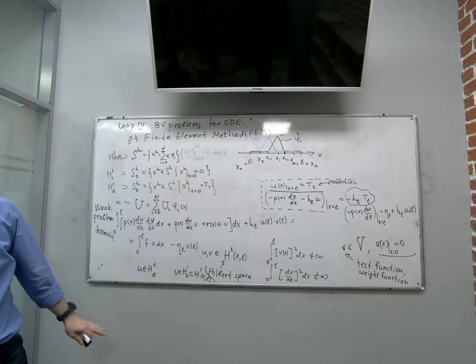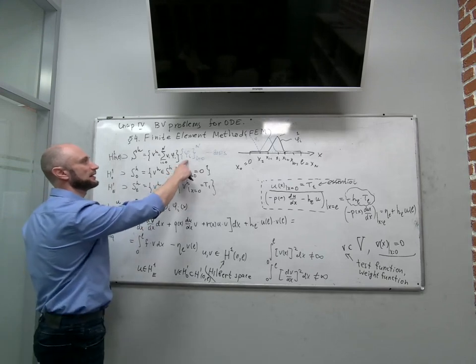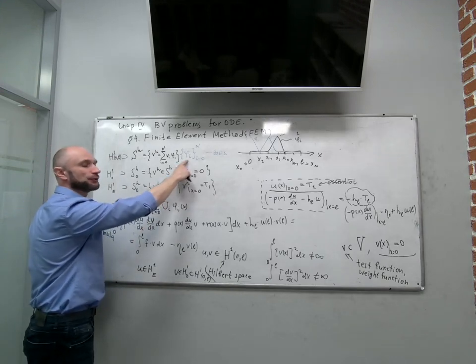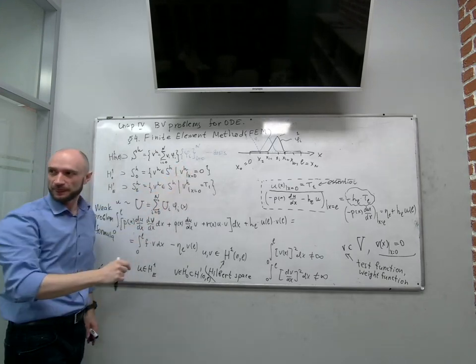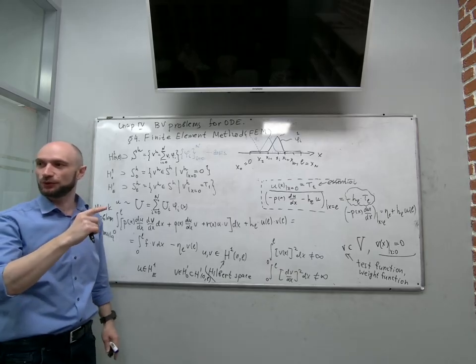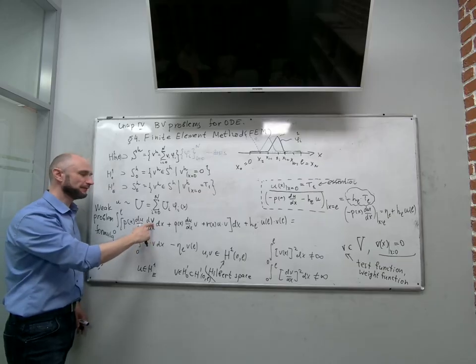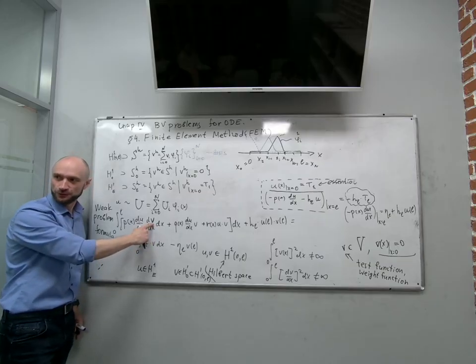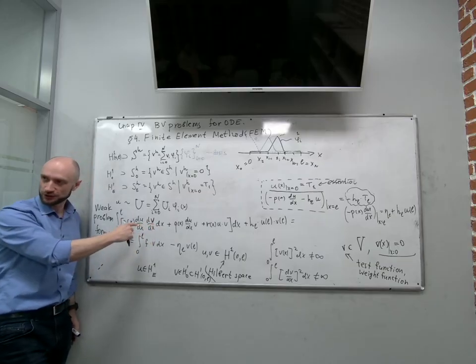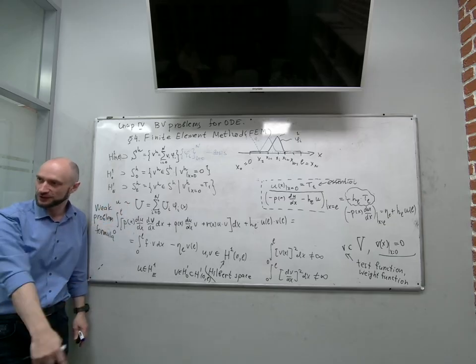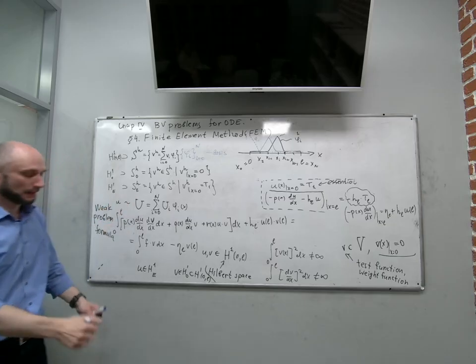Okay? So I say that my v is equal to phi 0, then I say my v is equal to phi 1, and so on. And put this phi 0, phi 1, phi 2, and so on, into this equation. So I will have many equations instead of one. Okay, let me do this.